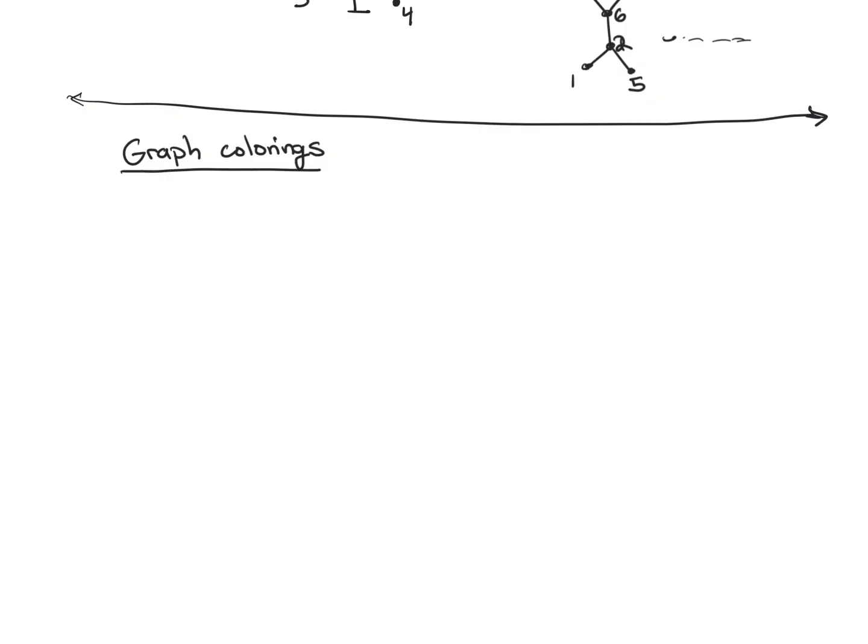Okay, and we're going to mainly see vertex colorings. There's also an idea of edge colorings. Okay, so what is this? So G is, again, usually convenient to have it be a connected graph.